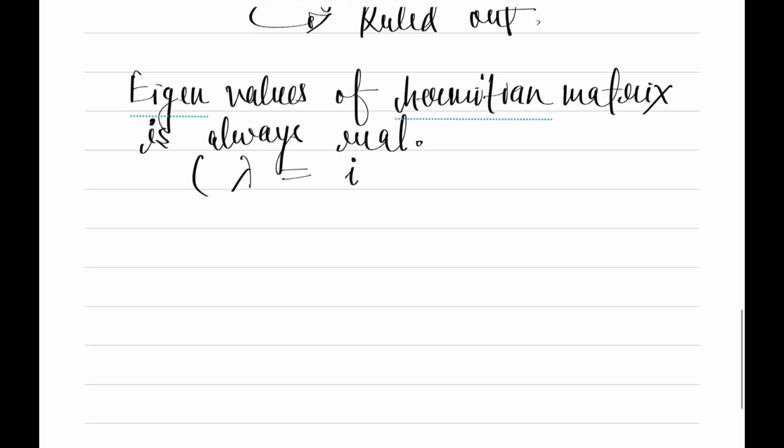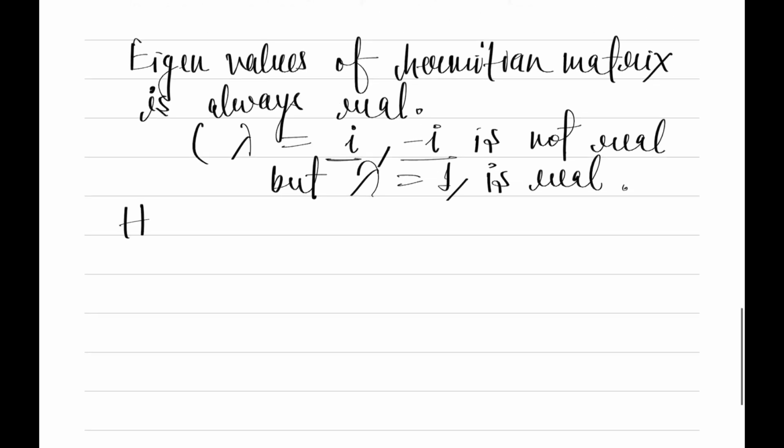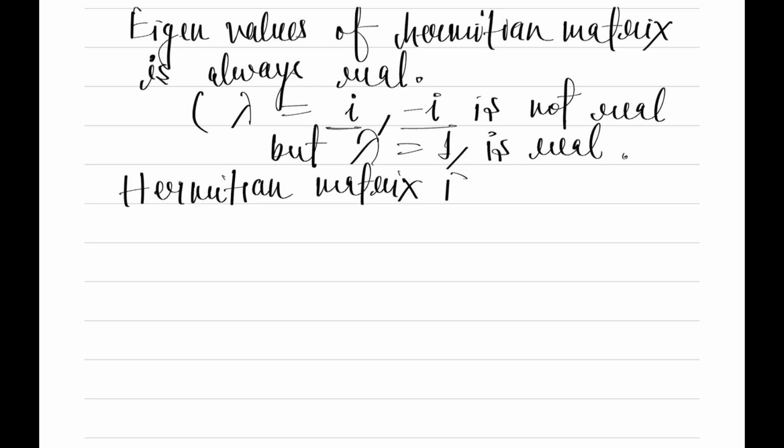But lambda equals i and minus i are not real, though lambda equal to 1 is real. Since we have i and minus i, the Hermitian matrix is ruled out.